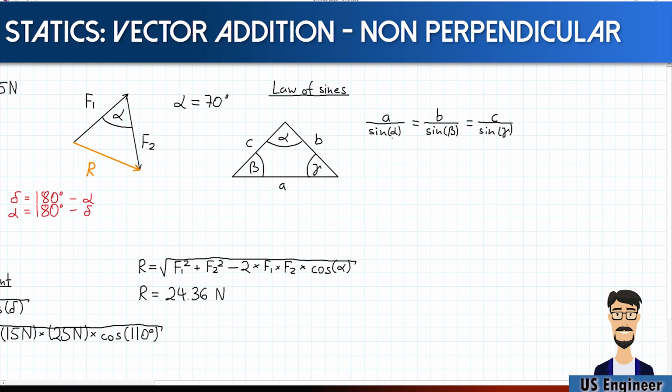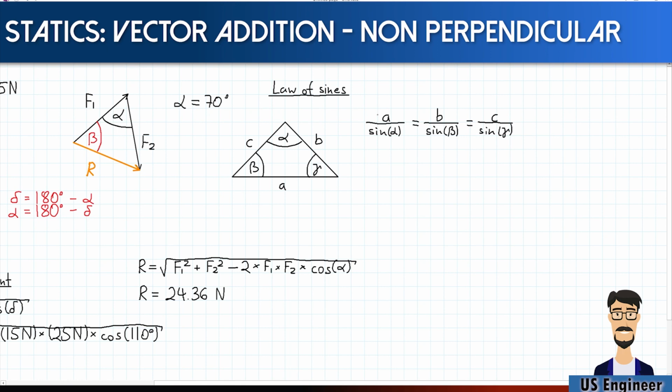And what is it good for? Well, if you look at our force construction or our force vectors, let's say that we're looking for the angle between F1 and the resultant force R. And I'm going to denote that angle as beta, analogous to this triangle. So if I'm looking for beta, I can just use this formula and plug the values.